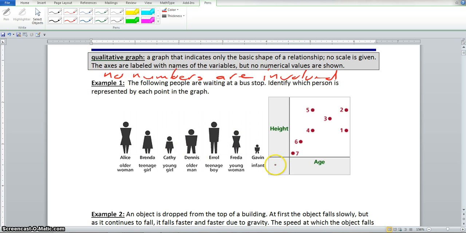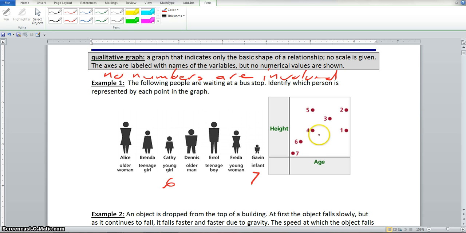So now, we look here. We can start off with the smallest person first, which is the infant. So we know the smallest person would be number 7. Now we go to the next tallest person, which would be Kathy. She would be 6. And then the next tallest is 4 here.